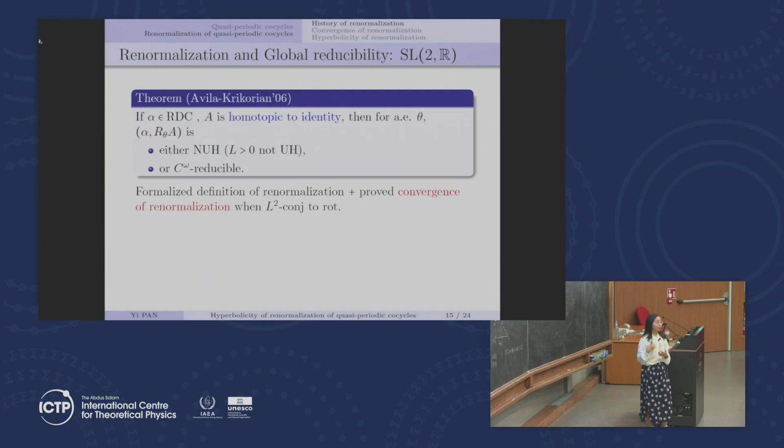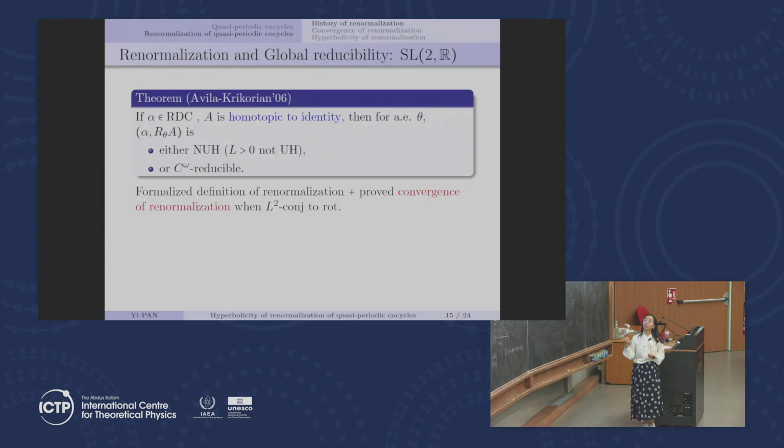So still, if alpha is recurrent Diophantine and A is homotopic to identity, and this condition is due to SL(2,R) having a non-trivial fundamental group, and A is C omega, then for almost every theta, (alpha, R_theta A) is either non-uniformly hyperbolic or analytically reducible.